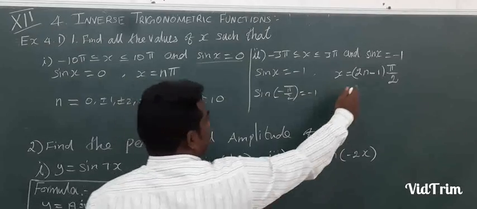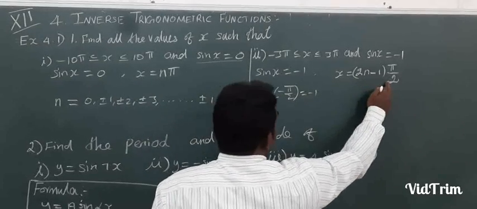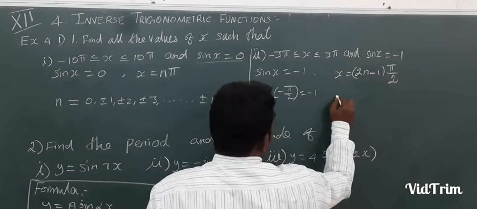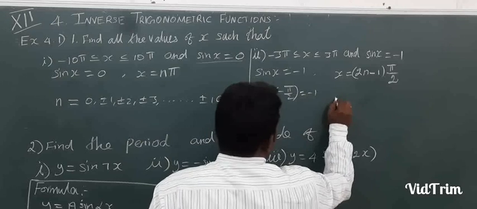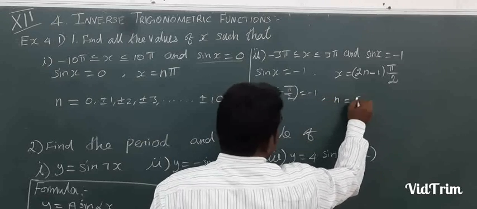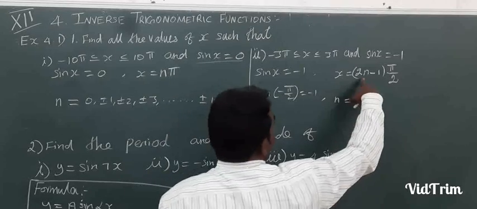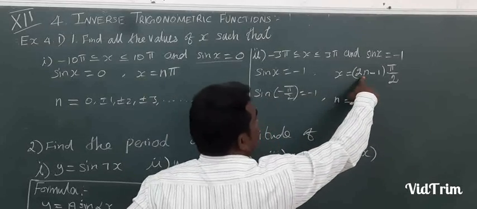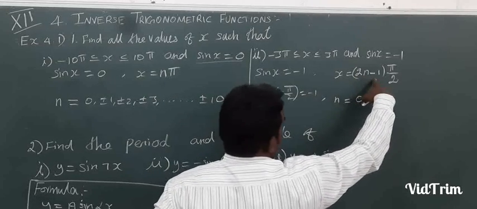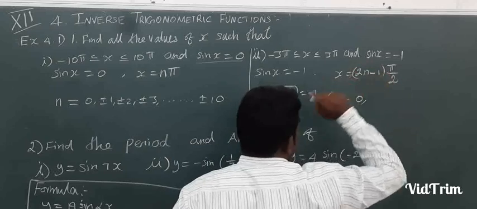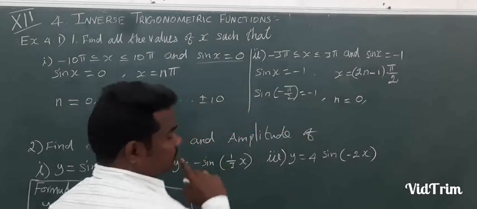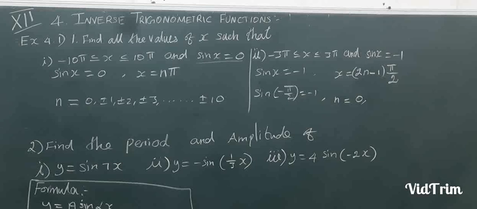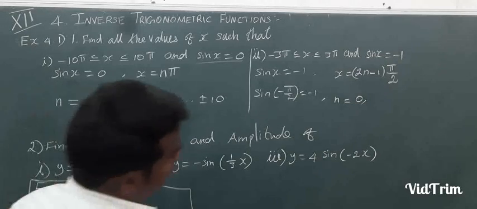If you select 0, it will give minus pi by 2, so n is equal to 0 is the first value. And next you substitute n is equal to 1, which means 2 minus 1 is pi by 2. So it will give 1 or not? If n is equal to 1 it gives pi by 2, and the minus pi by 2 is possible with other values.